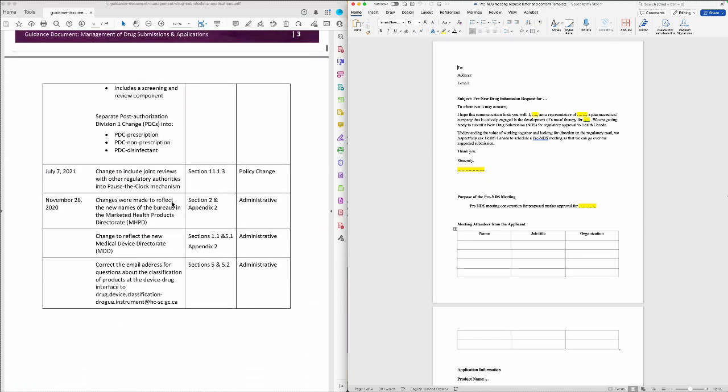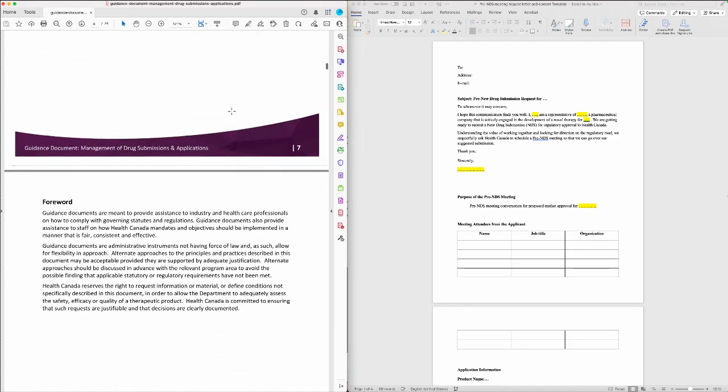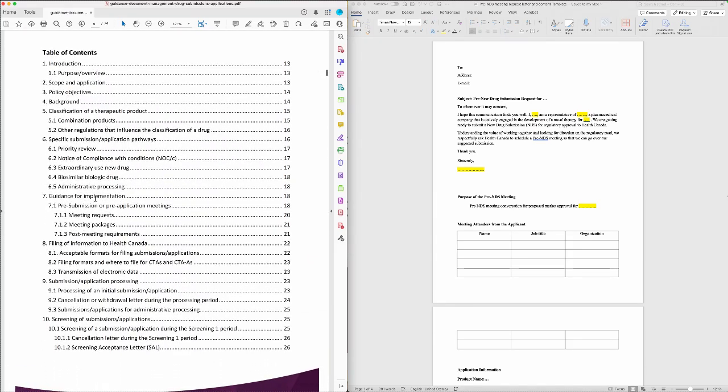So in the table of contents, we have to go to section 7.1. As you see here, 7.1 is guidance for implementation, pre-submission or pre-application meetings. This is on page 18, and we are going to look into how we are going to prepare for meeting requests and, obviously, how we are going to prepare the meeting packages that we are going to send to Health Canada.